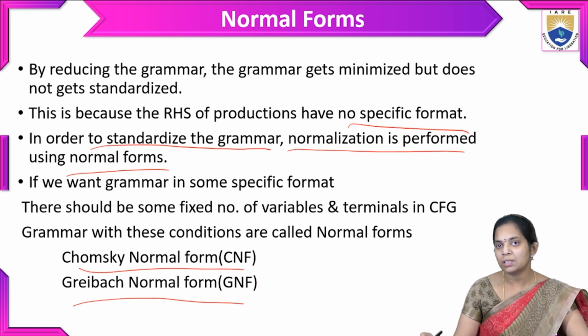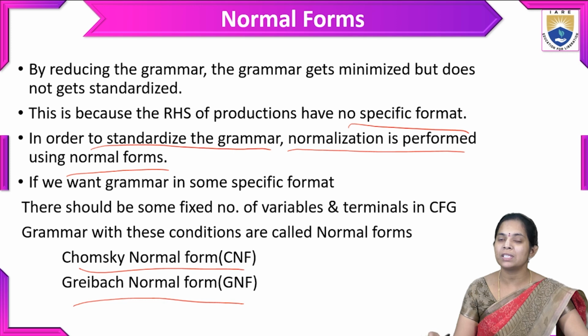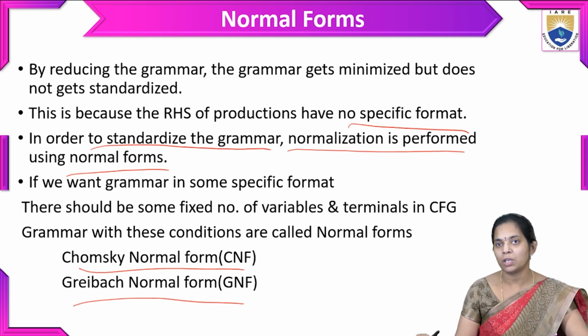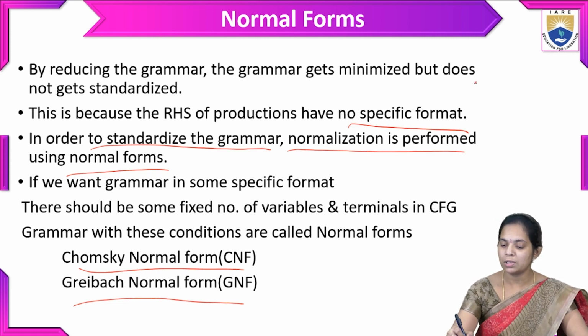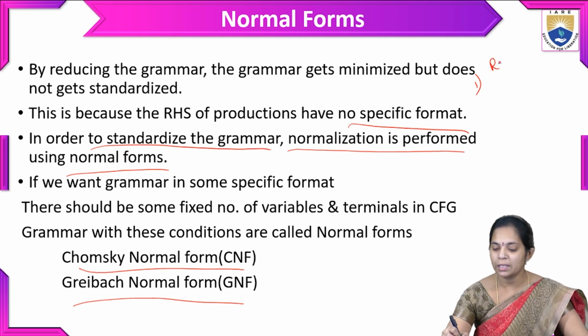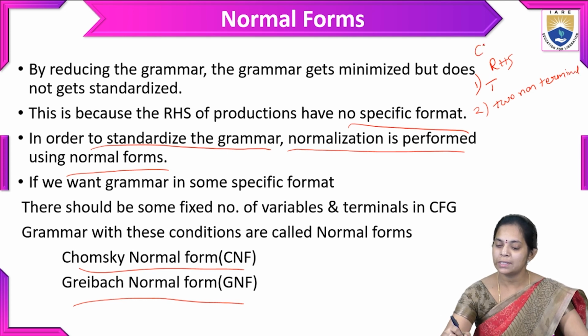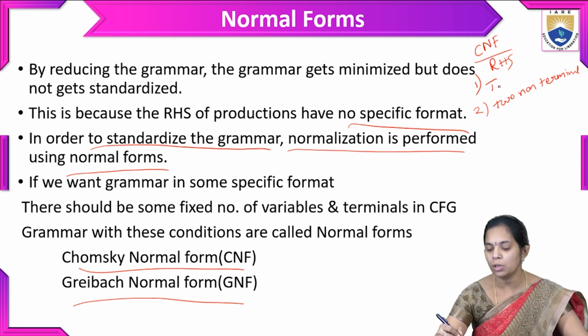In the previous video, we discussed Chomsky normal form and the standards for the right-hand side of the production to maintain normalization. In Chomsky normal form, the right-hand side should have only a terminal, or only two non-terminals. So the production rules have either a single terminal or exactly two non-terminals on the right-hand side.